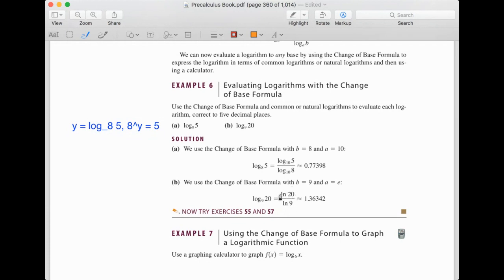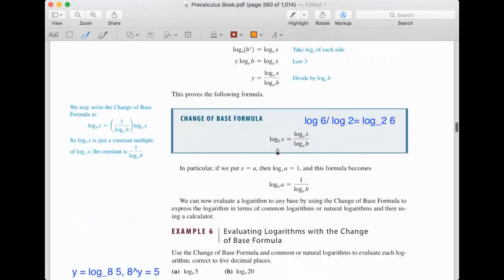Then in the calculator, we can find ln 20 and also ln 9. Then we divide to get approximately this value. So that's why we need to change base sometimes. So the formula is, if we have log base b of x, we can change it into this form with the same base. We can change it to be a division of two logs with the same base.